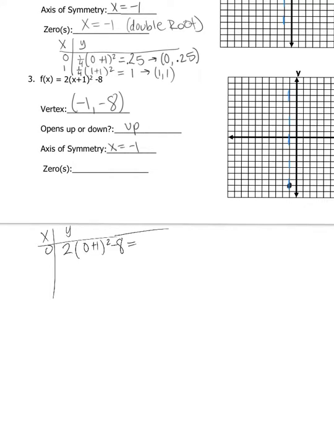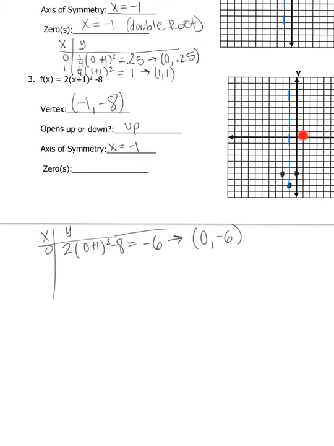Either use your calculator or your brain to see that this reduces to -6. So that means I plugged in 0, I got -6, so I can graph that point right here. That means his mirroring partner would also be at -6 on the other side of the axis of symmetry.